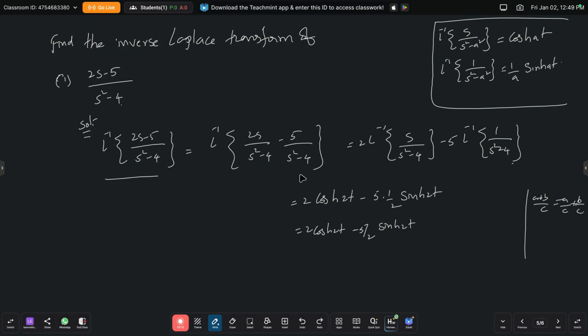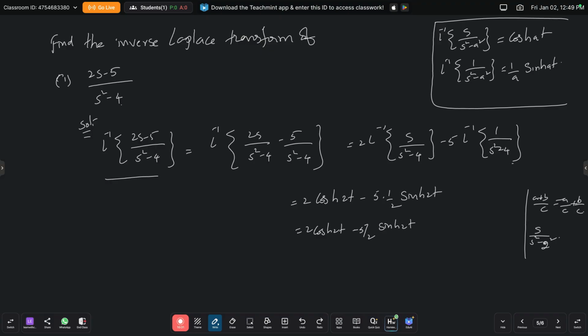So using these formulas, s by s square minus 4, I am writing s by s square minus 2 square. What is the formula? cosh at. So I am writing cosh 2t.